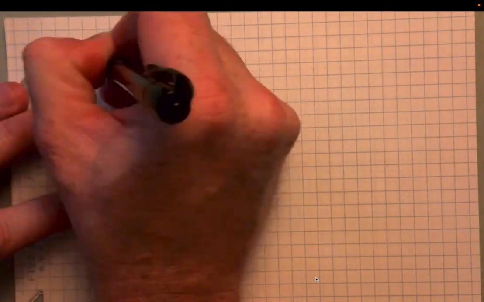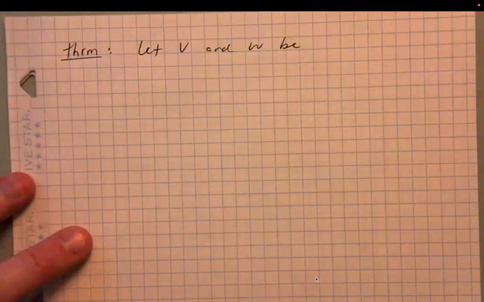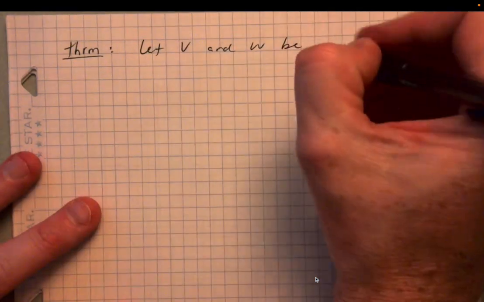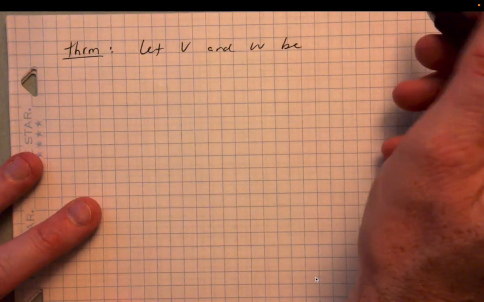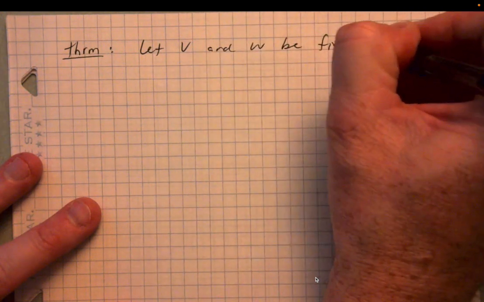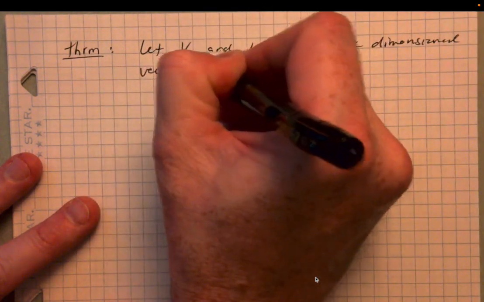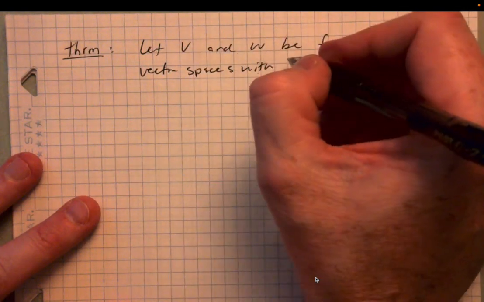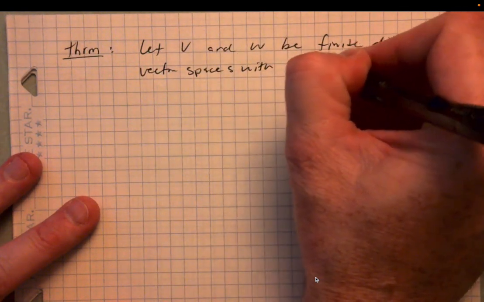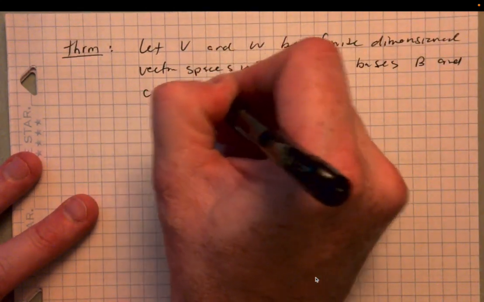It's kind of a big one, so you have to bear with me as I struggle to write it all down here. We'll let V and W be finite dimensional vector spaces with ordered bases B and C respectively.